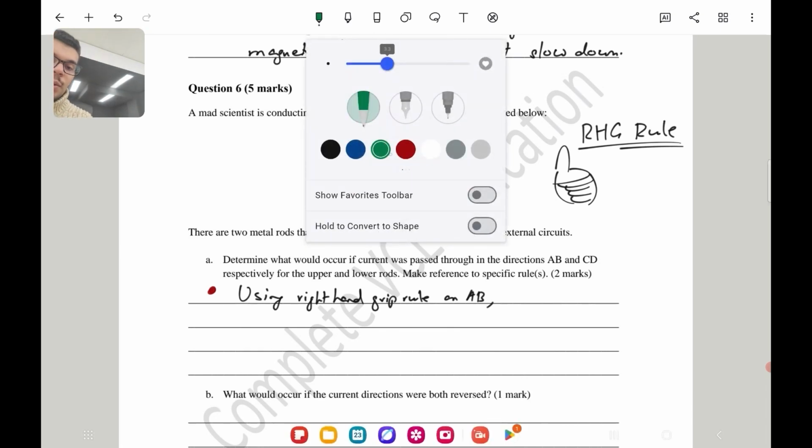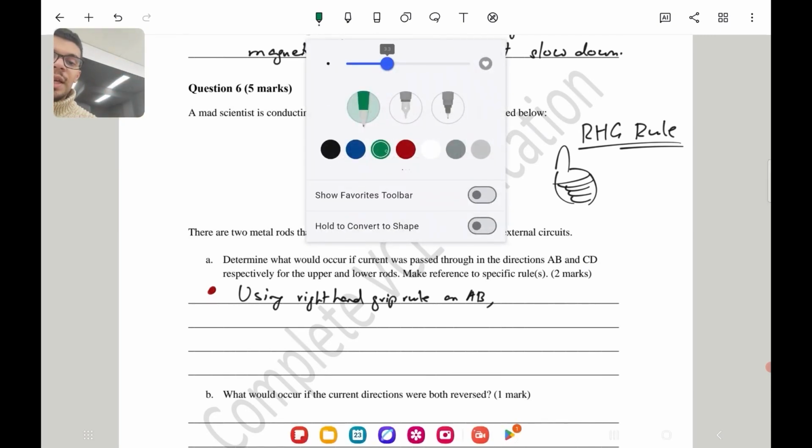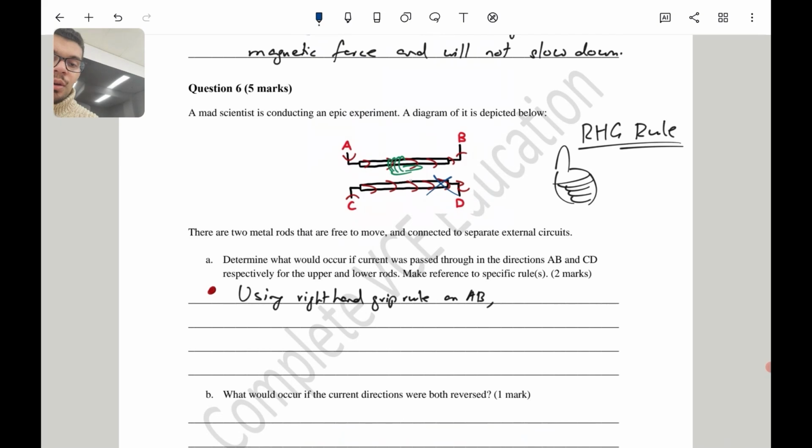Right, so let's do this real quickly, guys. The thumb will be to the right and the fingers will curl like this. Okay, the fingers represent the current. And so hopefully you guys can see that the magnetic field will actually be pointing into the page at the location of CD, for the rod AB.